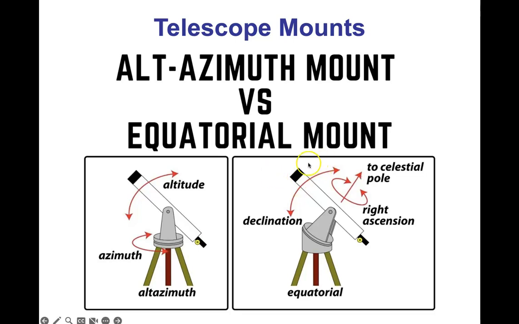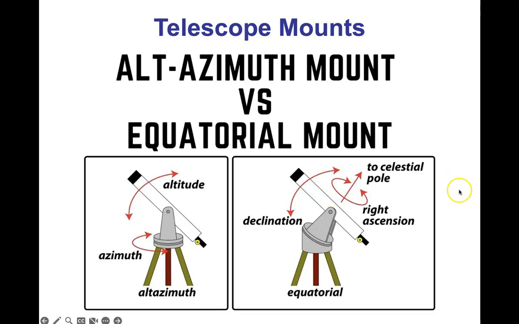And so when your telescope tilts up and down, it's not just going up and down, it's moving north or south. It's looking at different declinations. And when your telescope rotates left to right, it's not just going left to right, it's going east to west, right? So that equatorial mount means that the telescope moves in the equatorial coordinate system. Up, down, left, right becomes north, south, east, or west.